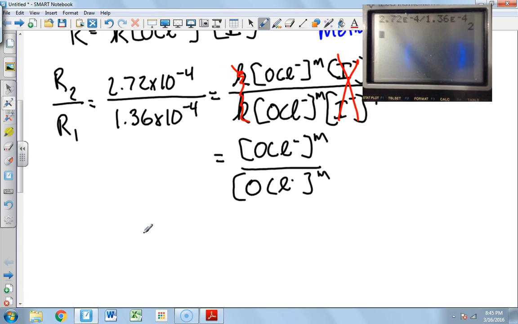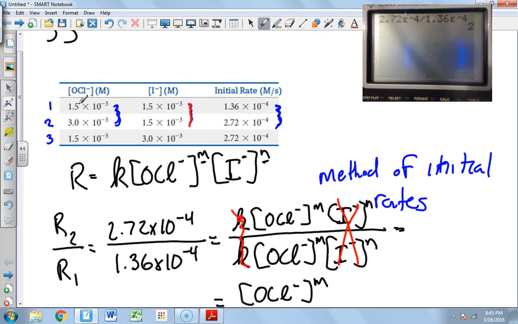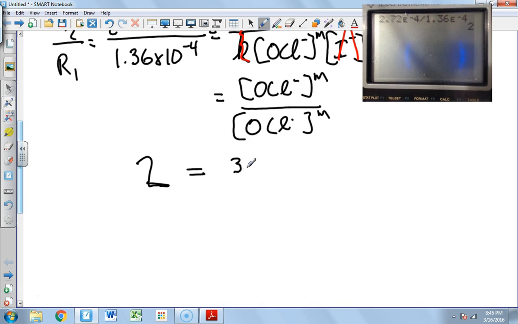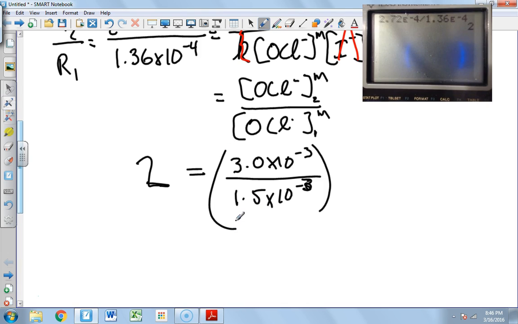This is 2. And then the concentration here is 3.0 times 10 to the minus 3 over 1.5 times 10 to the minus 3. That's the concentration of OCl in experiment 2 over the concentration of OCl in experiment 1, and all of that, because it's the same power, is raised to the power of m.